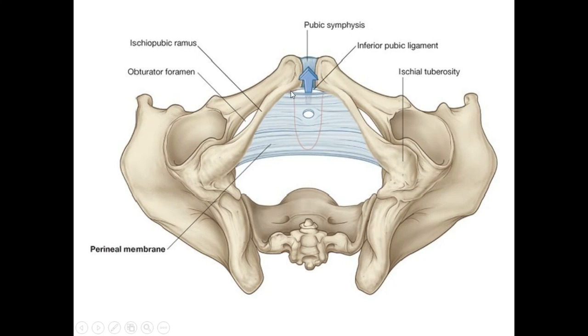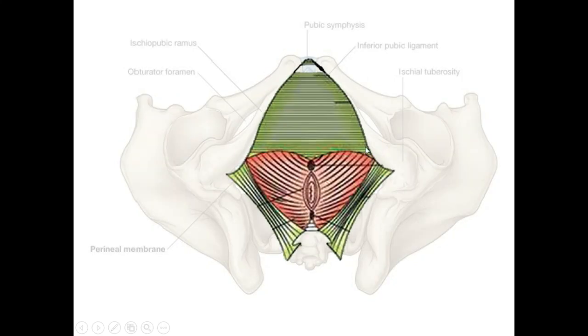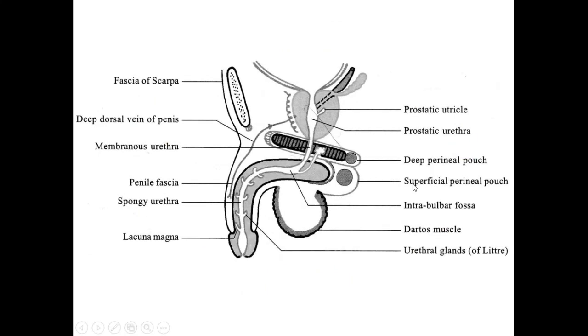In front, it is thickened to form the transverse perineal ligament, and behind we can show it in a schematic diagram. Behind, it is inserted into the perineal body in the midline, and after that it splits into two layers, upper layer and lower layer.